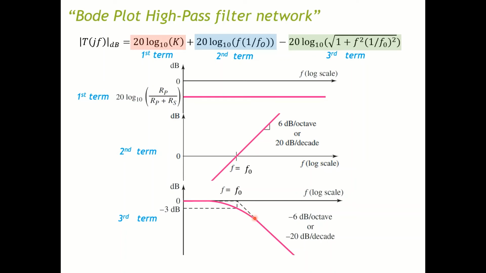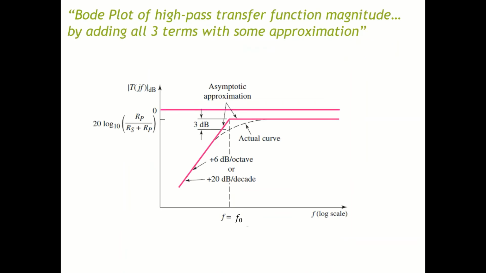But as you go a lot further than the corner frequency, you have a negative slope, and this negative slope is negative 20 dB per decade. So now if you add the 3 terms together, and you also provide some approximation, you can have what is called the Bode plot.